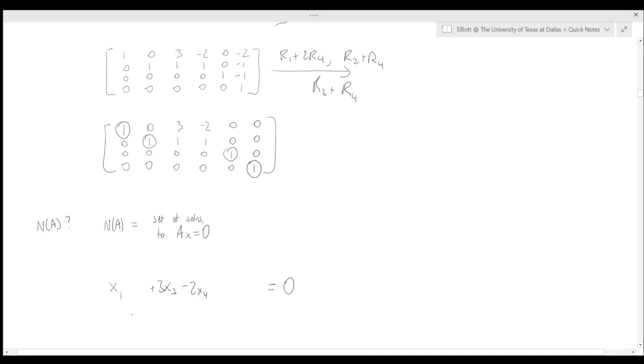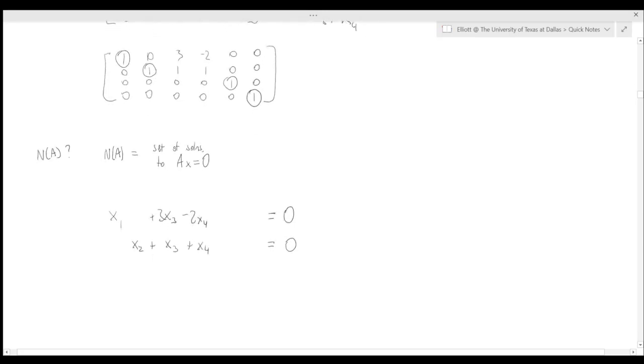Next, we're going to have 1x2 plus 1x3 plus 1x4, again equal to 0. Then here we have just 1x5 equals 0. And then here it's just going to be 1x6 equal to 0.